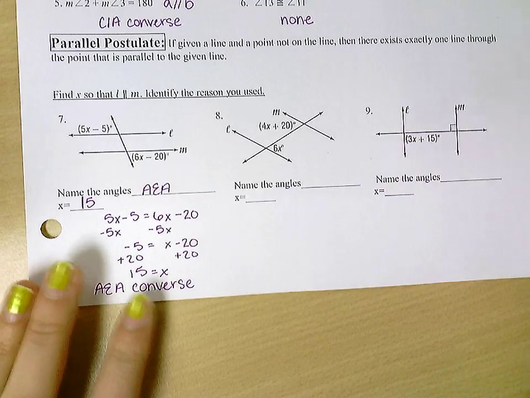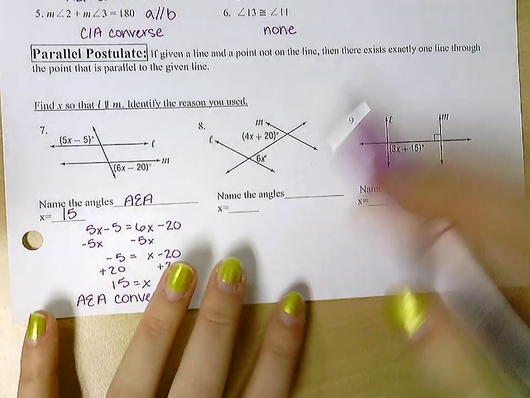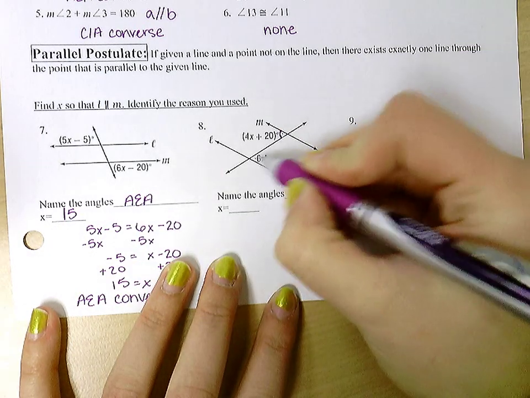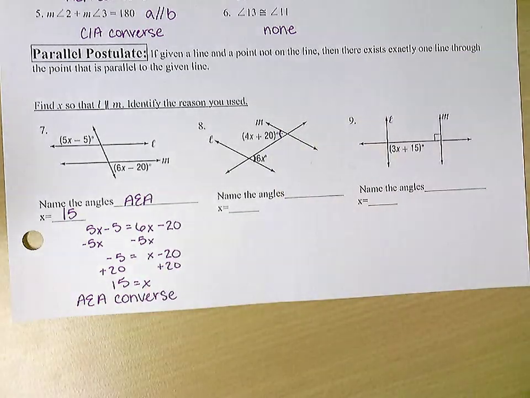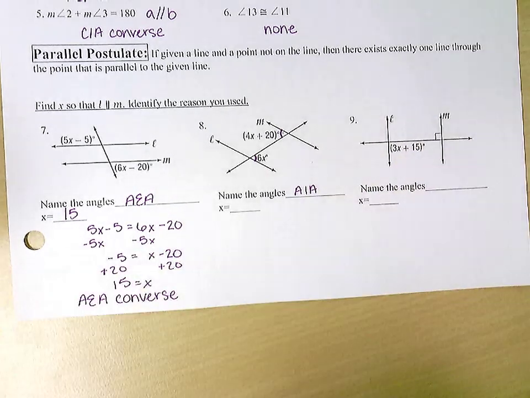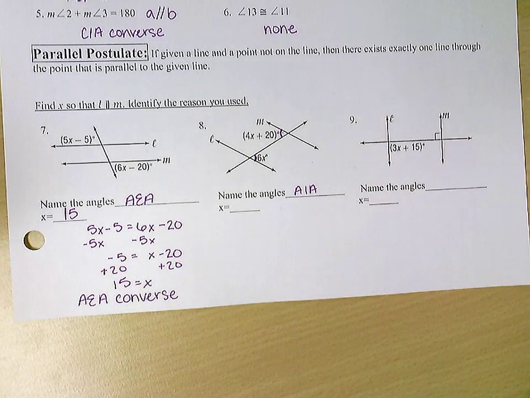Okay, we'll do another one here. Number 8. First thing I want to do, identify these angle pairs here. So it's talking about this angle and this angle. What's that angle pair called? Alternate interior angles.